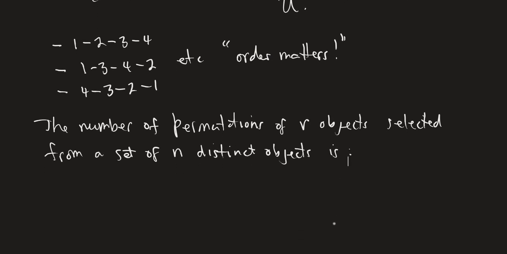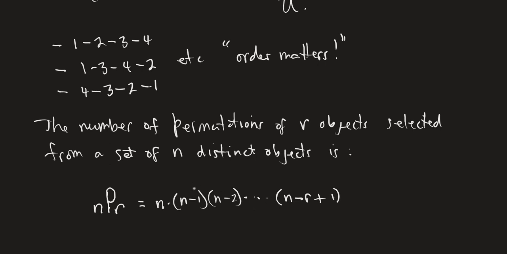and here is the notation that we're going to use. We have n distinct objects, and we're going to permute r of them, so there's a little n in front of the big P and then a little r after it. It's denoted this way, and it turns out this is the formula: n times n minus 1 times n minus 2 times dot dot dot times n minus r plus 1.